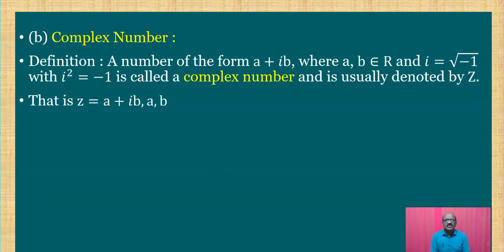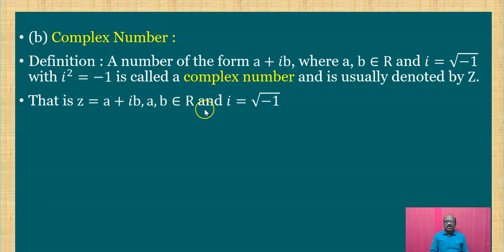A complex number, that is the definition: a number of the form a plus ib, where a, b belong to the set of real numbers and i is equal to root of minus 1, with i square equal to minus 1, is called a complex number, and it is denoted by z. That is, z is equal to a plus ib.